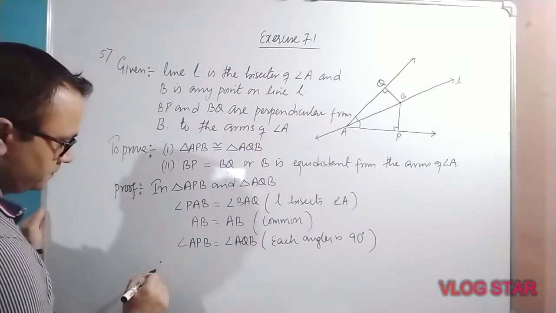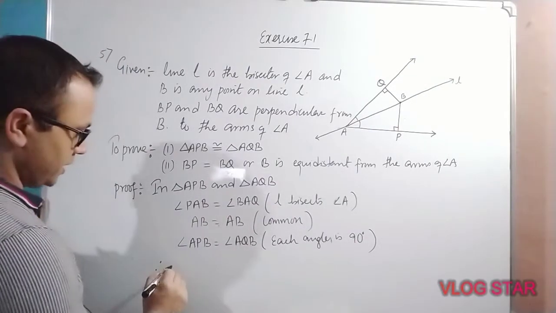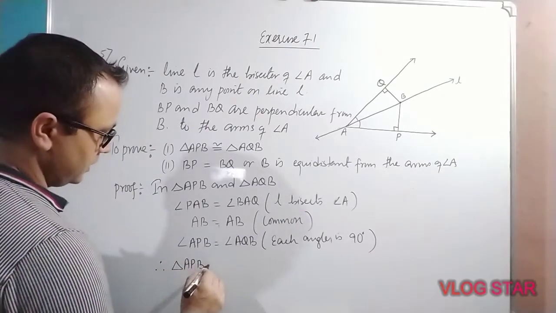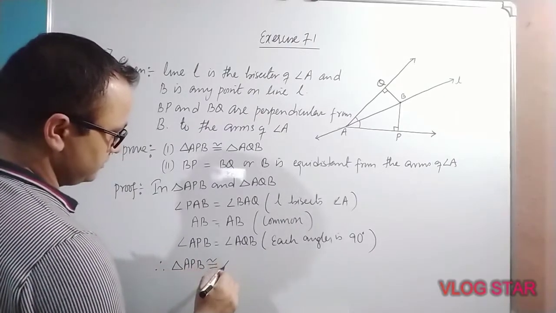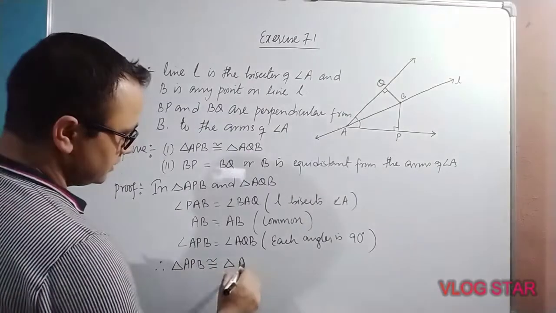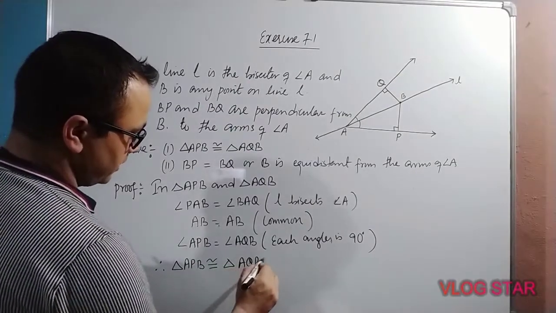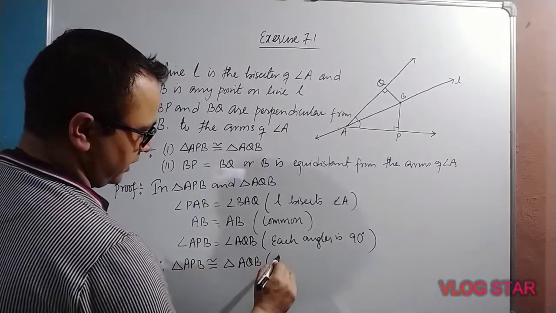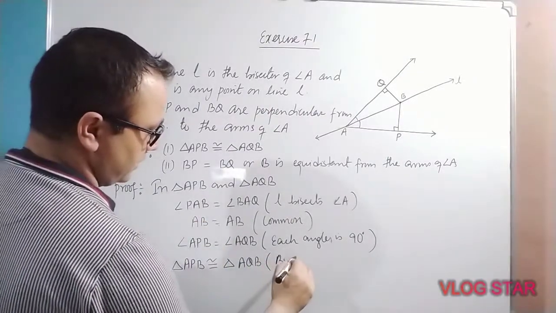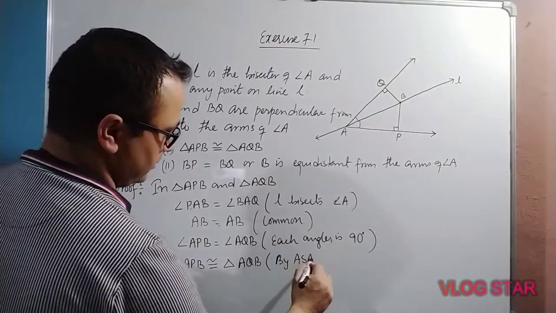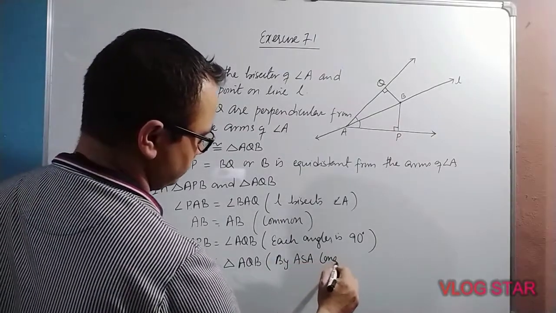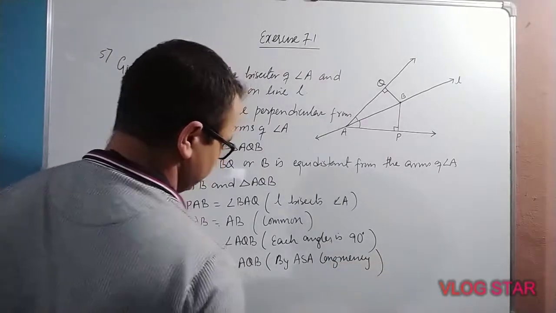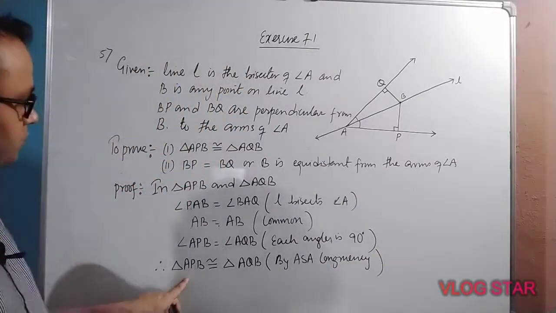Therefore, we can write triangle APB is congruent to triangle AQB. By which criterion? This is angle side angle congruency. So this is the case for number 1.